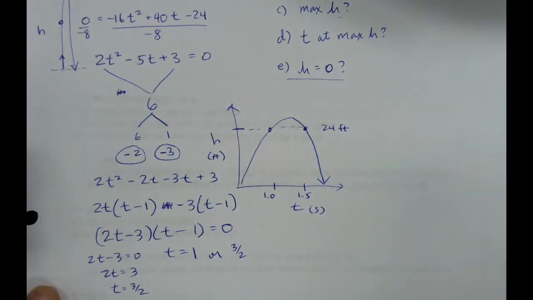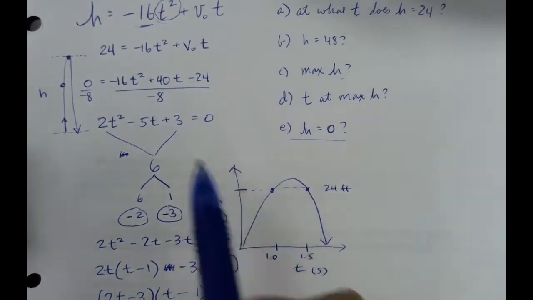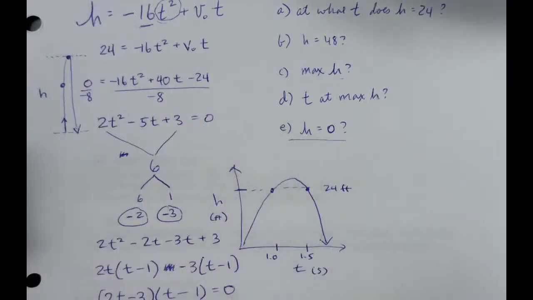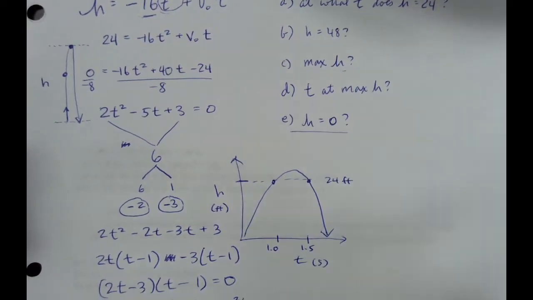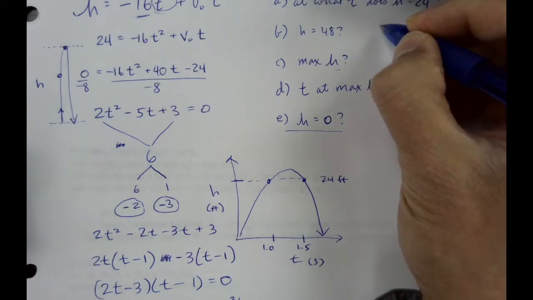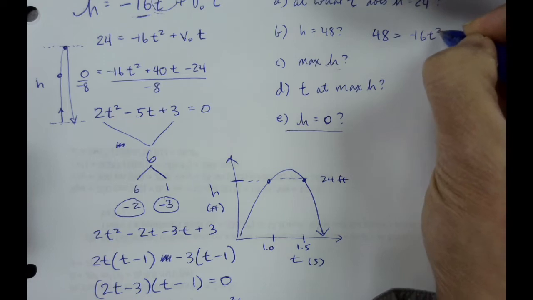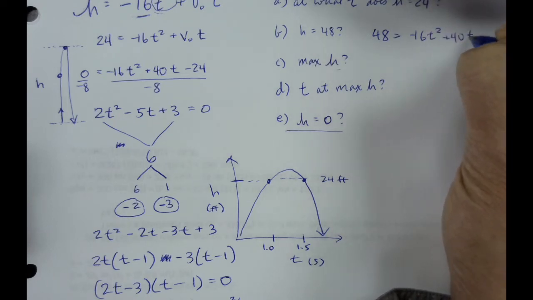Okay, so that's how we would solve for time when height is 24. Well, what about this next one? When is the height equal to 48? We could do that over here. Let's say 48. It's going to be very similar. Plus 40t.